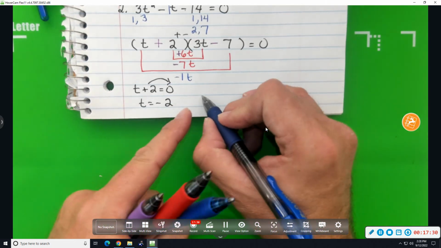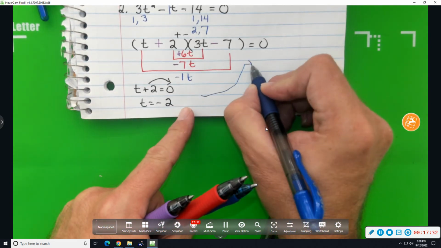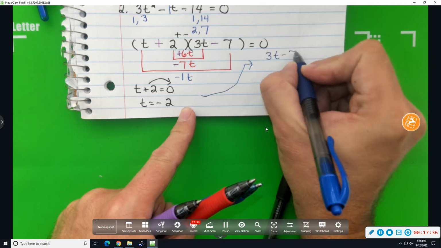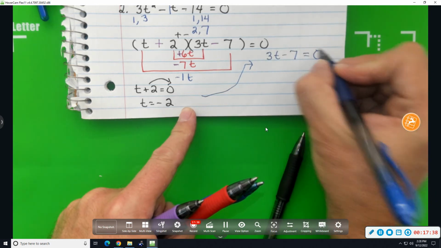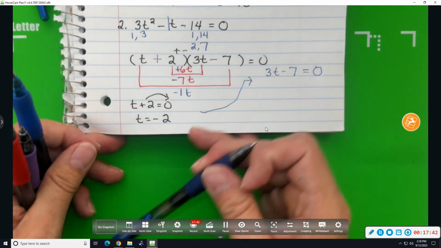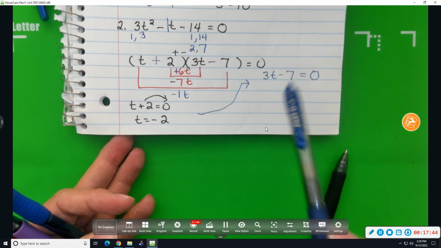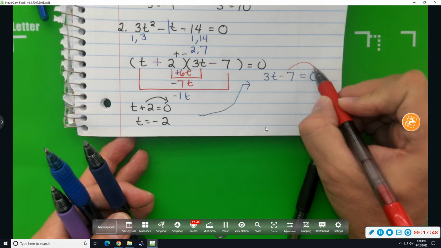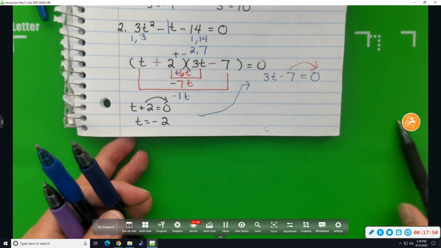And then I'll move over here to do 3t minus 7 equals 0. How would I go about isolating that t? I would need to add the 7 and then divide. Okay?